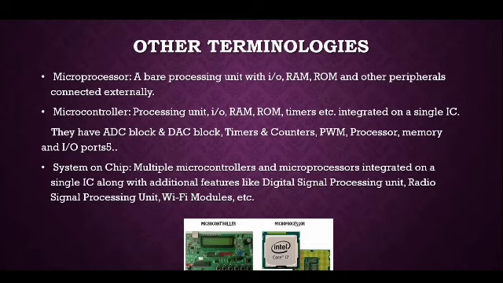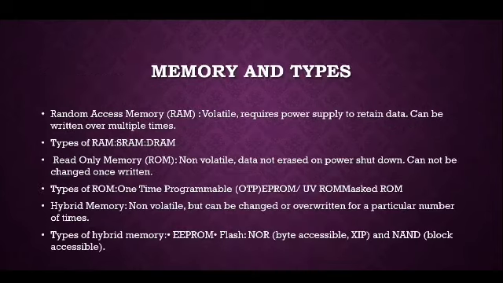They have ADC block and DAC block, timers and counters, pulse width modulation, processor, memory and input-output ports. System on a chip: multiple microcontrollers and microprocessors integrated on a single IC, along with additional features like digital signal processing unit, radio signal processing unit, and Wi-Fi modules, etc. Memory and types.